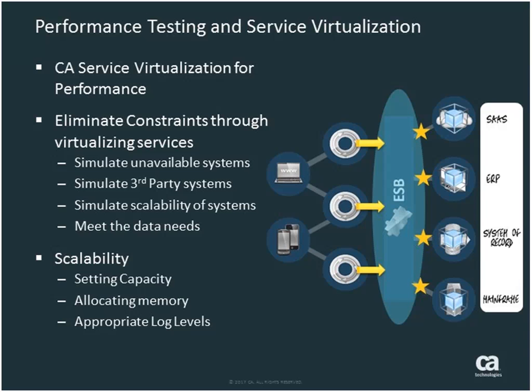That way, by minimizing logging, you're reducing the load on the system, and the system performance can scale up to your requirements. So these are a few of the considerations. You want to make sure all of these considerations are met before you do a performance test to make sure you get optimal performance using service virtualization, virtual services.